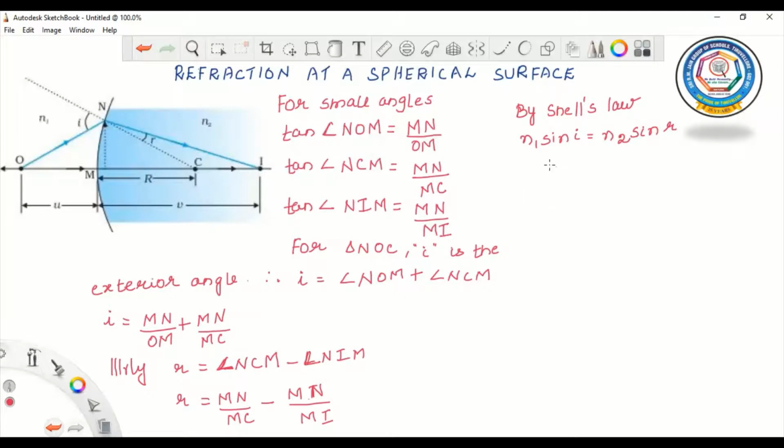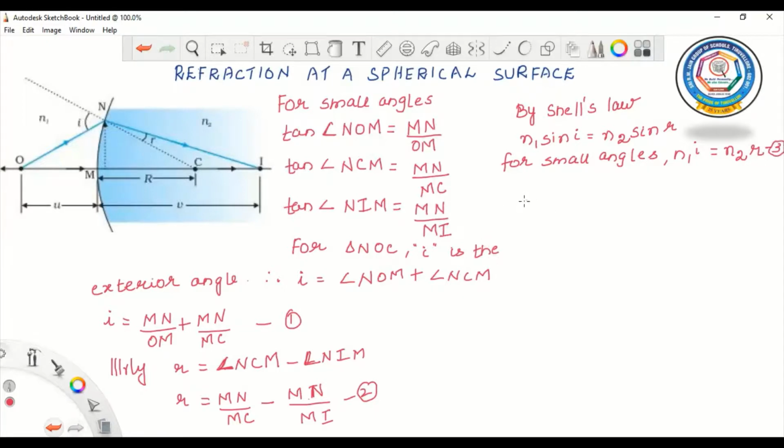Because here the angles are very, very small, for small angles we can write N1 i is equal to N2 r. Already we know what i and r are, so let us substitute the values of i and r in this equation. Take this as equation number 3.